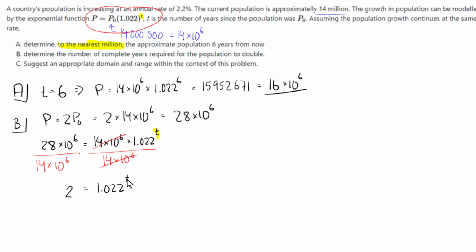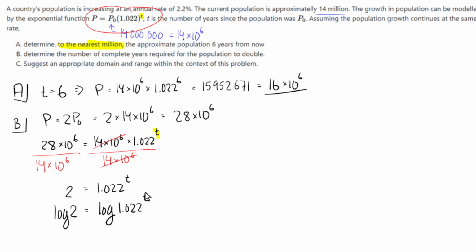Now, to solve an exponential equation like this, we can do that in several different ways. Here, we're going to be using logs. So we can log both sides. So log of 2 equals log of 1.022 to the power of t. And now we can use the log power law.